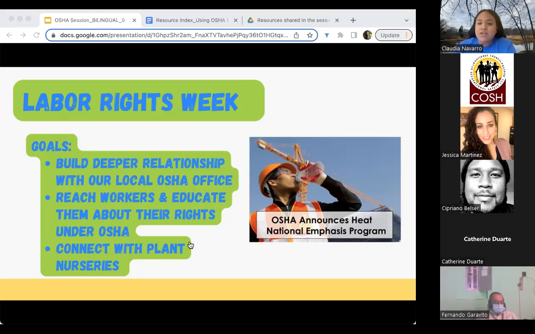It covers two metropolitan areas, from Fort Lauderdale, Broward County, all the way down to Miami-Dade County. So it's a little office for a lot of workers. OSHA launches their heat emphasis program in April, and we get connected thanks to the folks here at COSH in June.